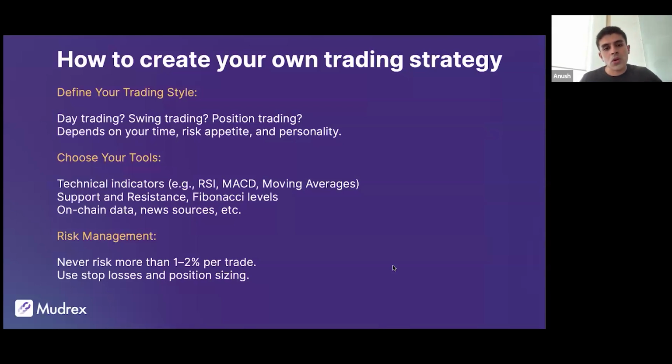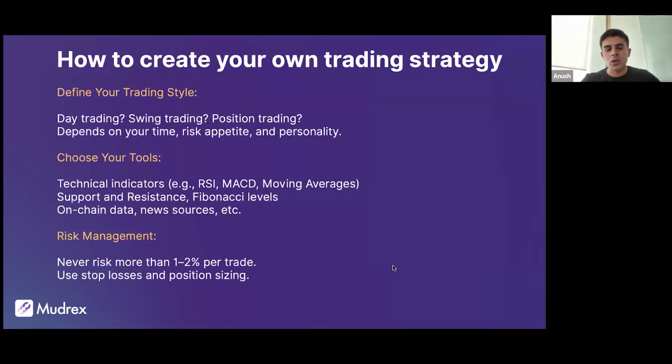Now, I know we already spent some time discussing risk management, but let's bring it back in the context of strategy building. This is where you decide how much you're willing to risk on each trade, and that decision becomes part of your entire plan. Now, here are some golden rules. Never ever risk more than 1 to 2% of your total capital on a single trade.